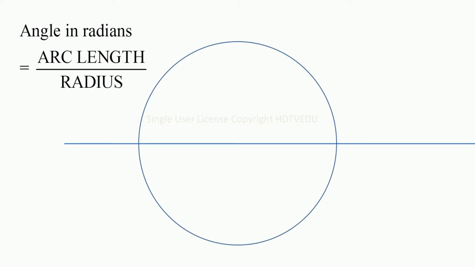Angle in radians is arc length divided by radius. So what happens when you go once around the circle? Bear with me. Can you add up all these distances?